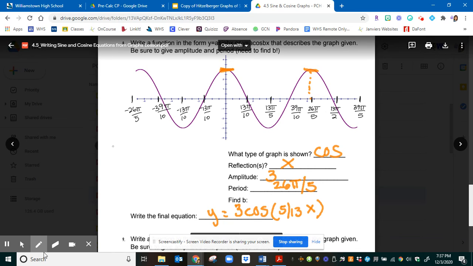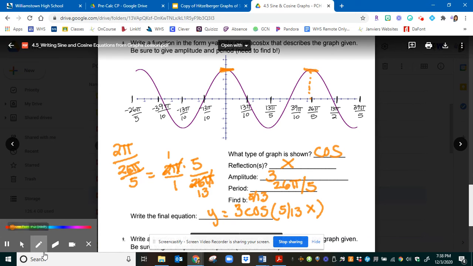Now remember, when you go to find b, it's going to be 2 pi divided by 26 pi over 5, which technically means 2 pi times 5 over 26 pi. Then the pi's cancel out, and the 2 goes into 26 to make 13, so that gave me 5 over 13 for my b value.